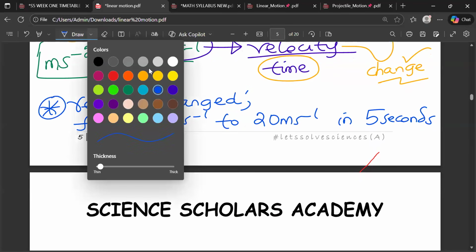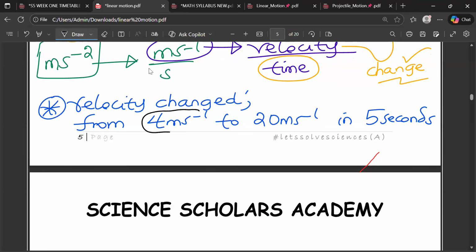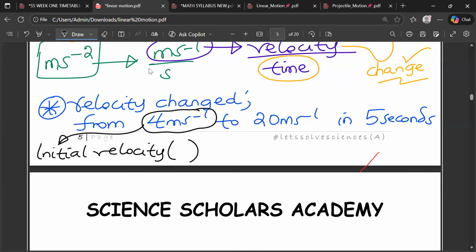So this velocity it had at first, before it changed, is our initial velocity. Now the real work has started. This one is the initial velocity, and it has a certain letter. You write that letter in the chart.